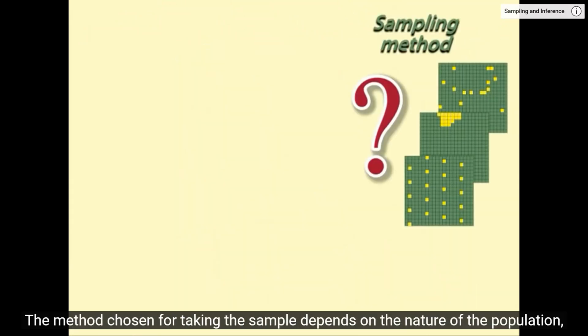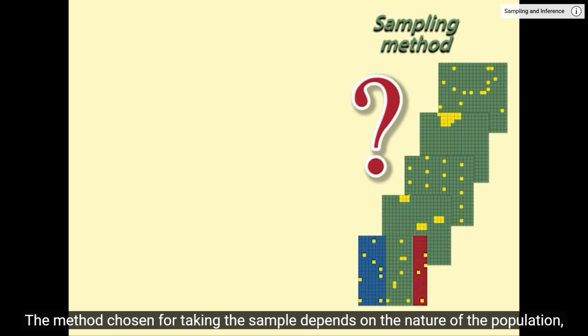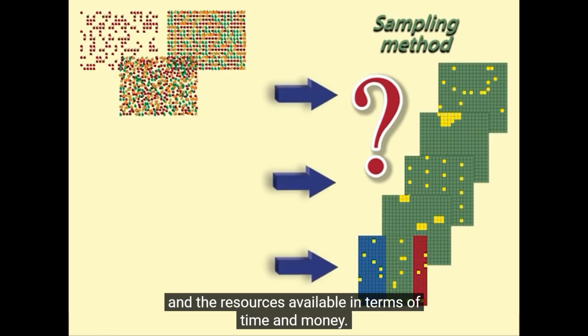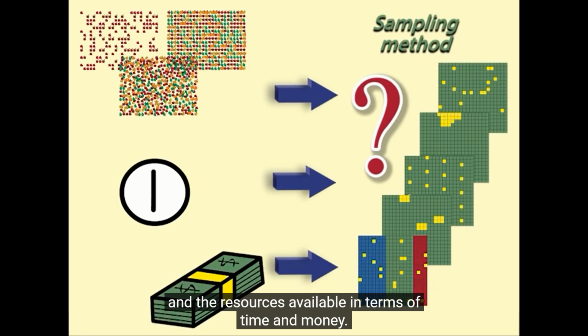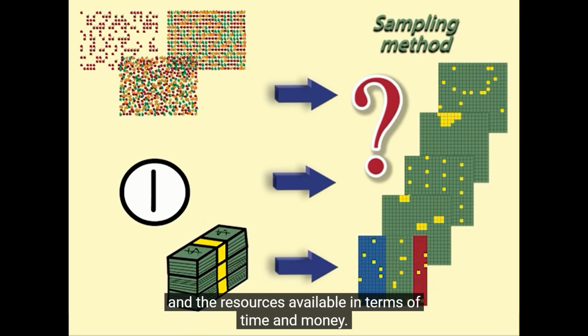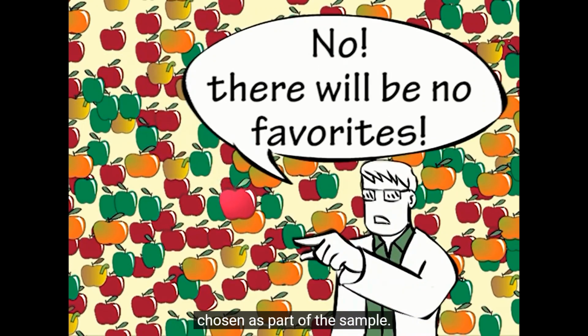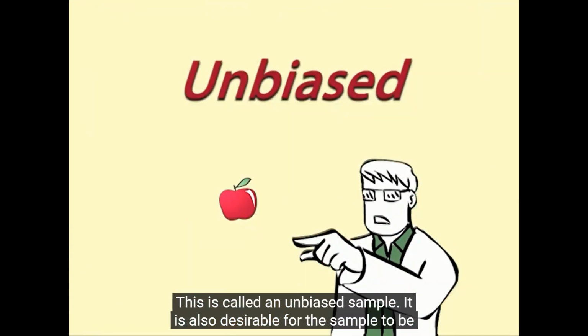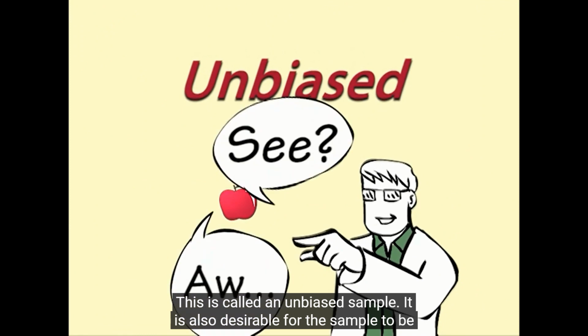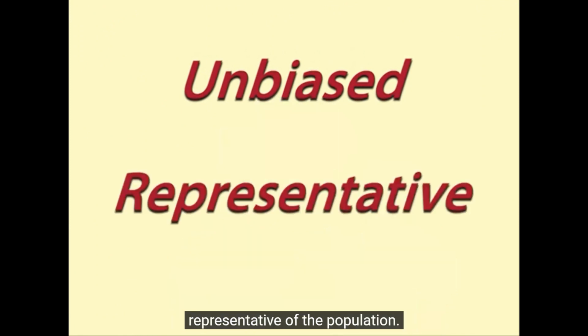The method chosen for taking the sample depends on the nature of the population and the resources available in terms of time and money. The ideal is for each object in the population to be equally likely to be chosen as part of the sample. This is called an unbiased sample. It is also desirable for the sample to be representative of the population.